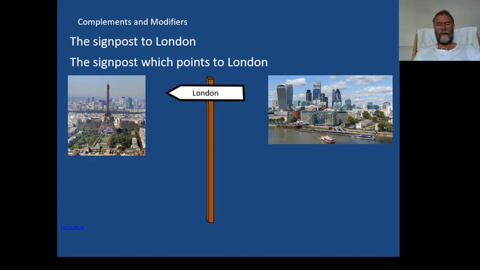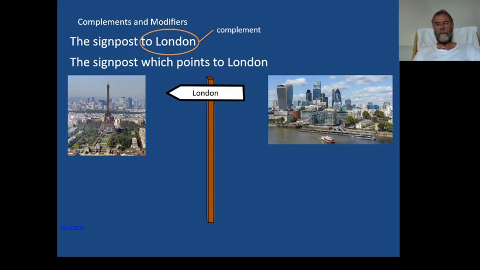What's actually going on here? Well, if we look at it, this to London element here is clearly naming an essential part of this object. Okay, signposts, just because of the meaning of the noun signpost, are necessarily things which are to places.